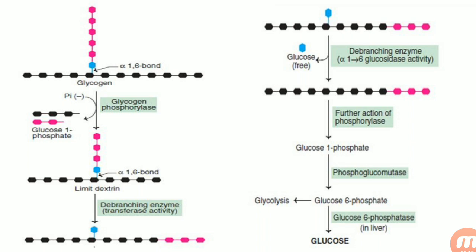The 1,6 bond is not cleaved, but the 1,4 bond is cleaved over here. So from there, those three molecules of glucose are cleaved, and at the same time they bind, forming a longer linear chain. That was the transferase activity of the debranching enzyme.